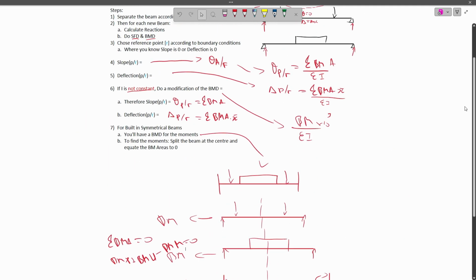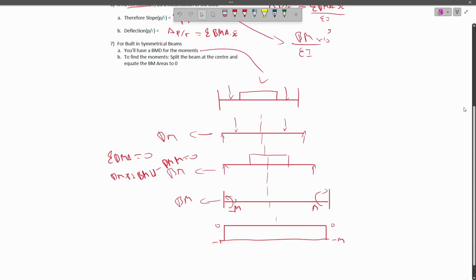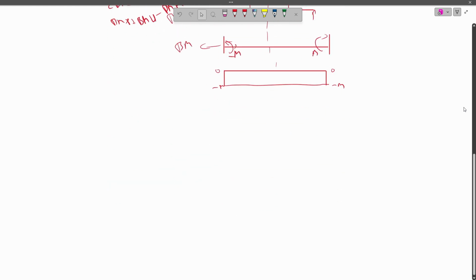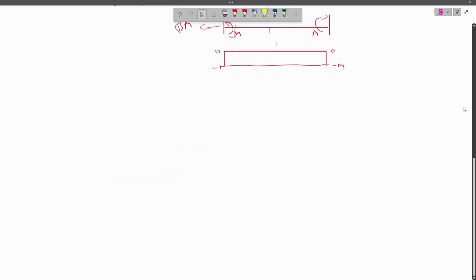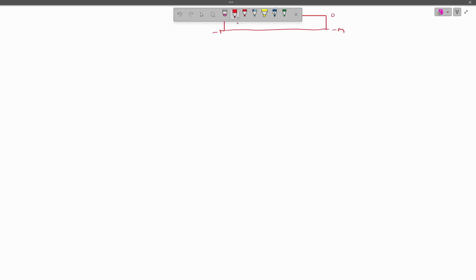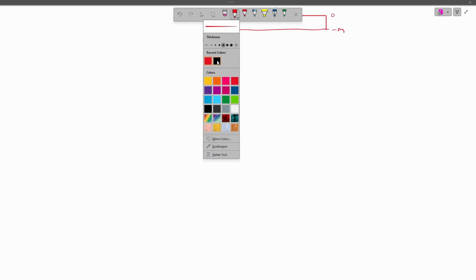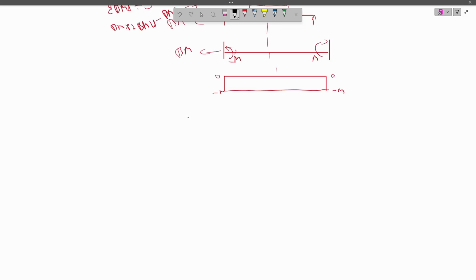Now, before we do an example, let's look at our shapes one more time, because we will need them in this method. We'll be using our areas, our shapes, and the centroids of our shapes.